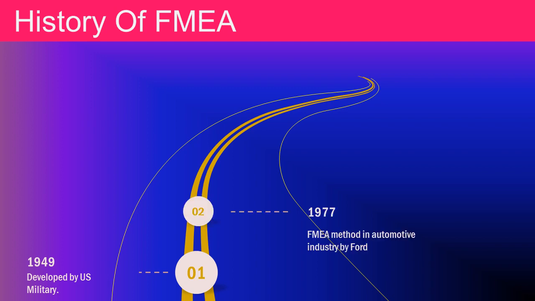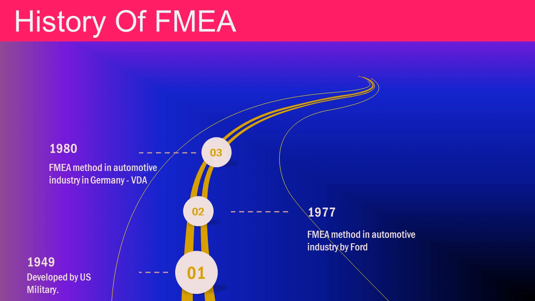Now let's go through how FMEA evolved over the years. The history of the development of FMEA goes back over 60 years. In the year 1949, FMEA was first developed by the US military as a military specification called MIL-P-1629, and in 1963 it was used by NASA for the Apollo project. The year 1977 marked the beginning of the use of FMEA in the automotive industry by Ford Motor Company.